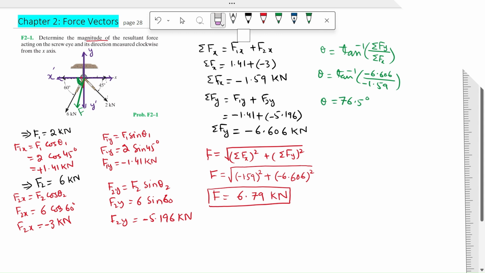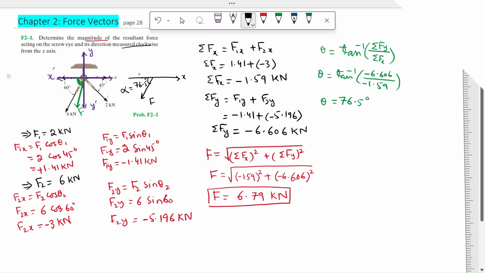So we have not yet reached the question requirement. The question says measured from the x-axis. I will magnify: this is the x-axis, and we have this resultant force F. We determined this angle as 76.5 degrees, which I'm naming alpha.